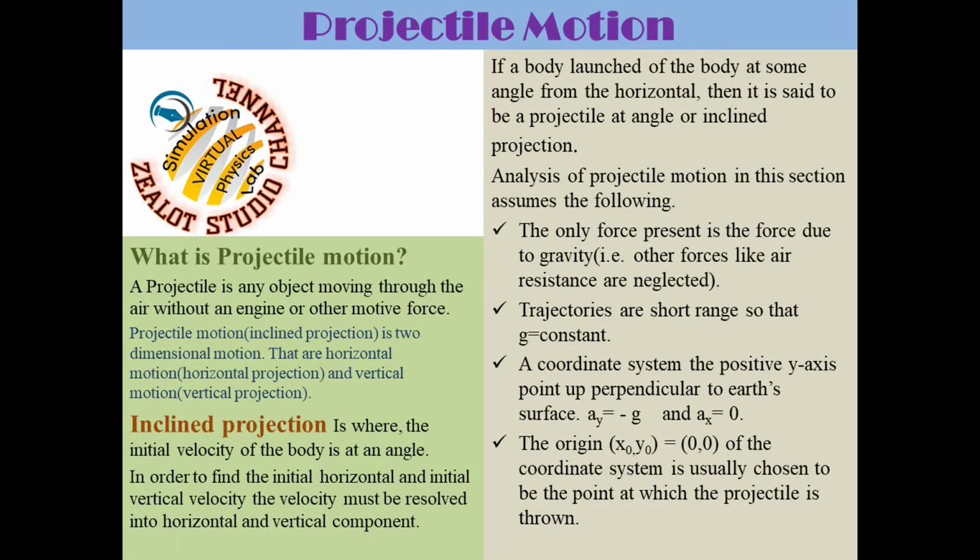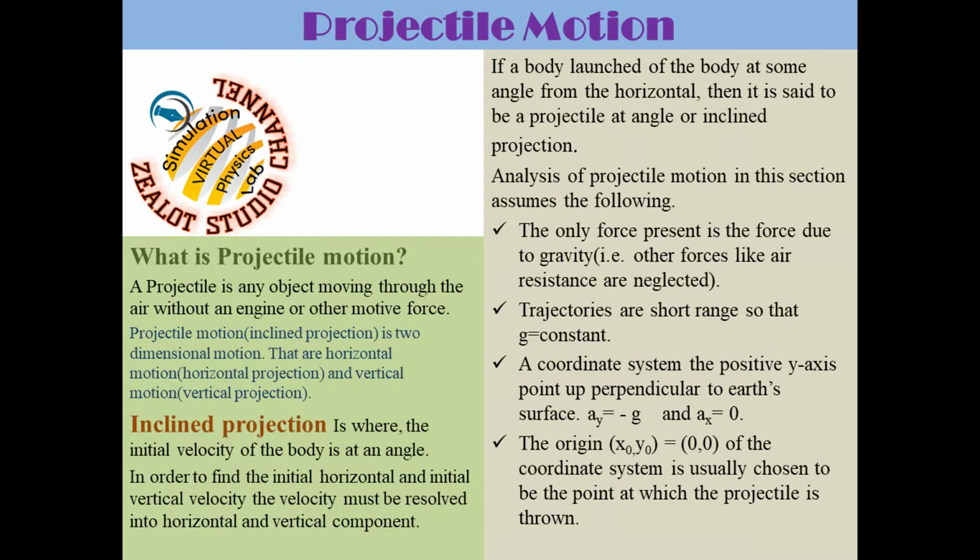So let us come to the concepts of projectile motion. What does projectile motion mean? A projectile is any object moving through the air without any engine or any other motive forces.